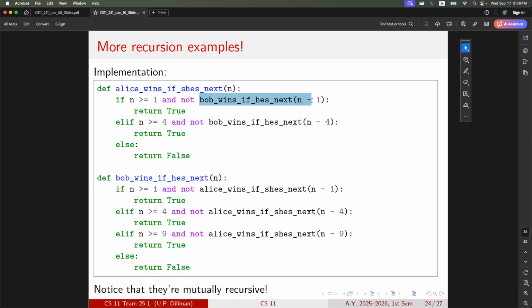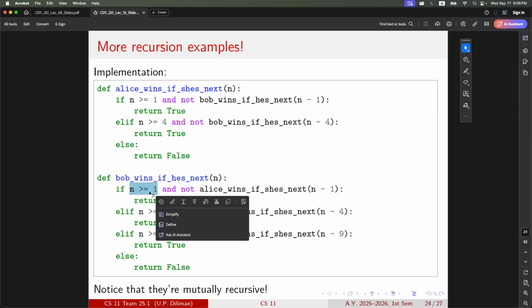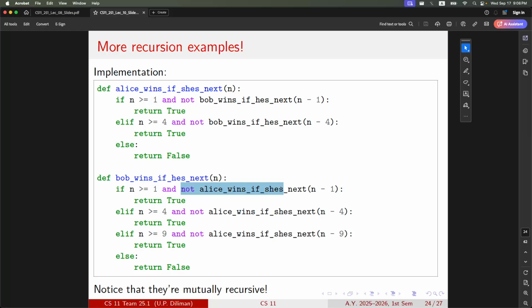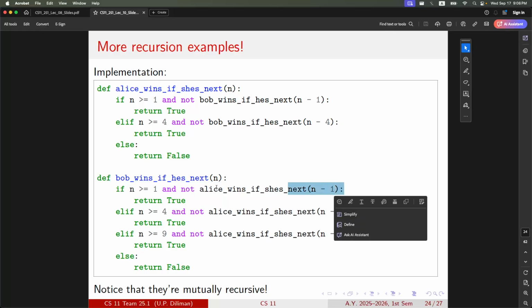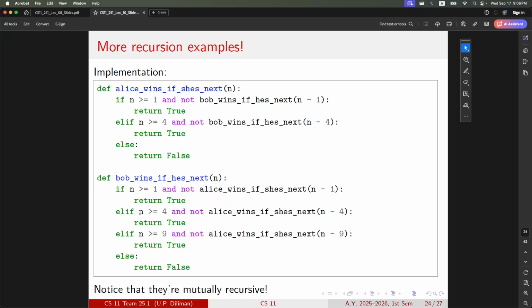But how do we know if Bob wins? That's another function. If Bob takes 1 stone and Alice loses with 1 stone less, then Bob wins. Return true for Bob. Bob has 2 more moves. He can take 4 stones, if that's possible, and if Alice does not win with 4 less stones, then Bob wins.